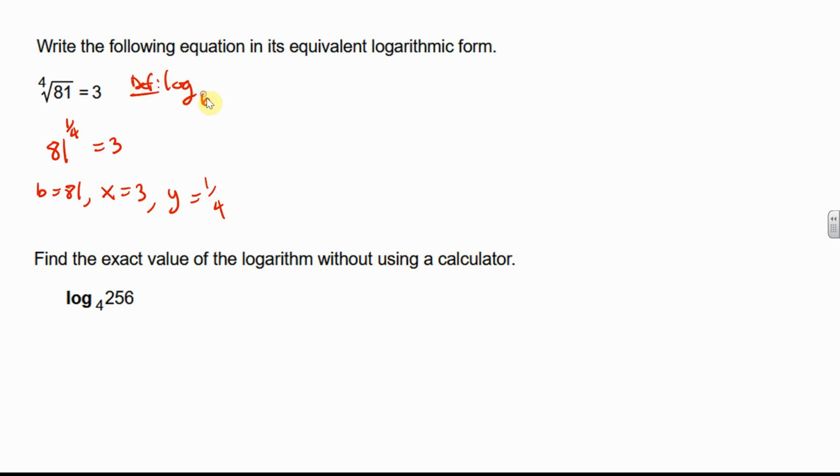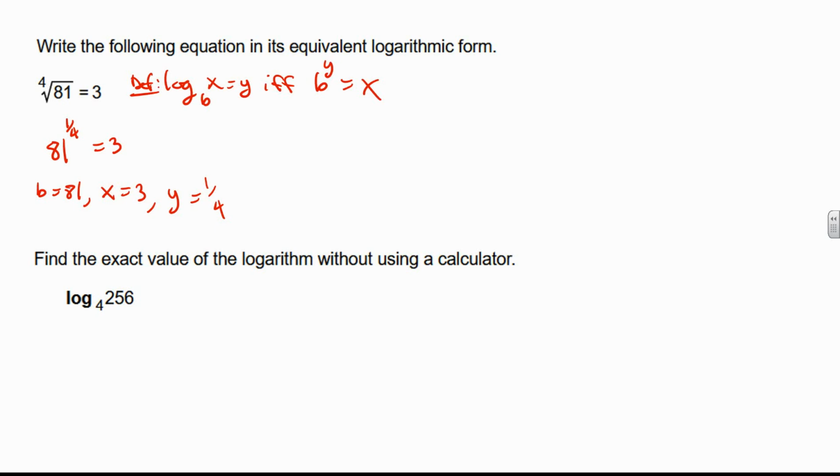Remember again, the definition said that log base b of x is equal to y if and only if the base b raised to the y is equal to x. You want to rehearse that over in your head over and over again. You want to be driving down 565, log base b of x equal to y, if and only if b to the y is equal to x.